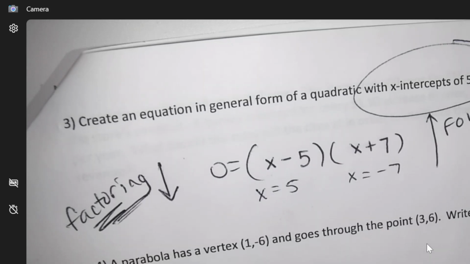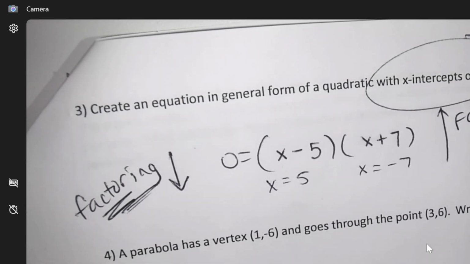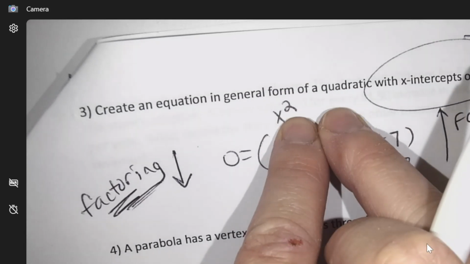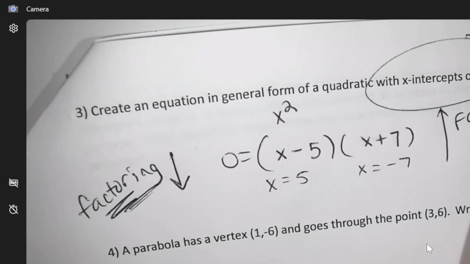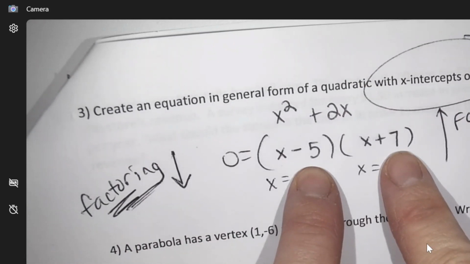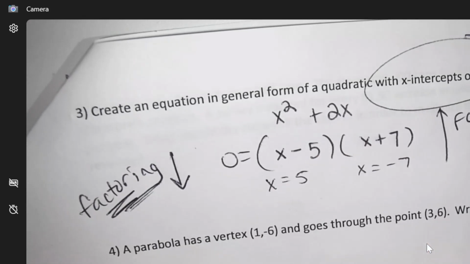So these are opposite, factoring and FOIL. They're completely opposite. So we did factor, so now to get back, we're going to have to FOIL. So FOILing, x squared. So remember, the middle will add and the end would multiply. So plus 2x is what those add to. 7x minus 5x.